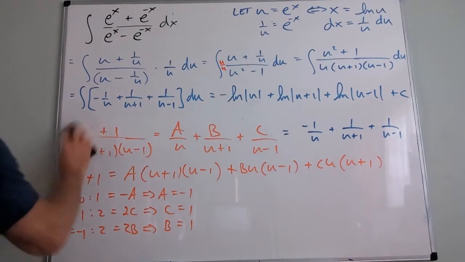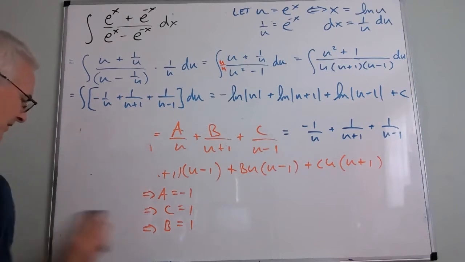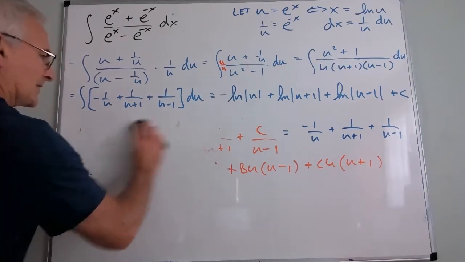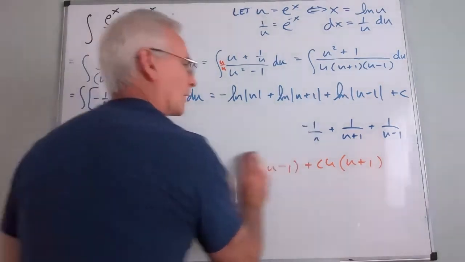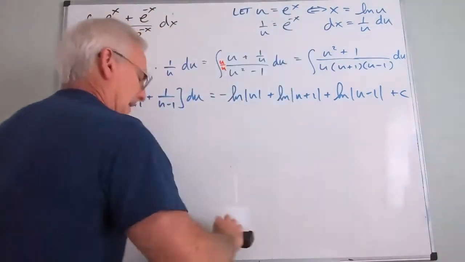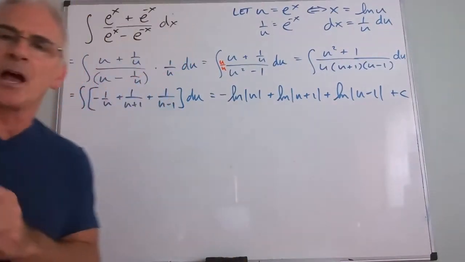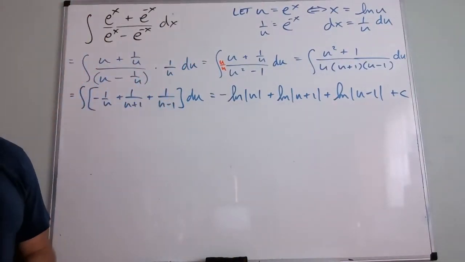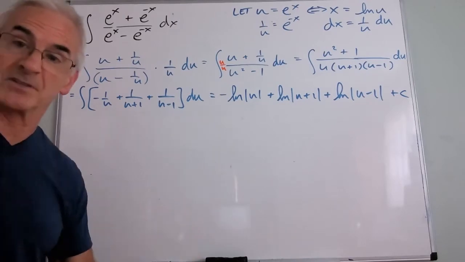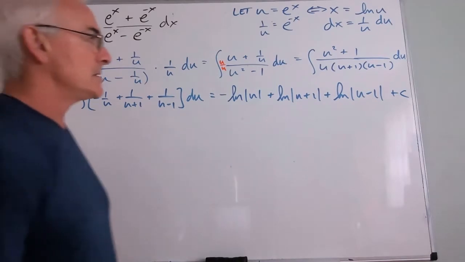Now, question. Can I manipulate this? Should I manipulate this? I mentioned logs before. You can always manipulate and you never have to. I said there is a time when you really do want to manipulate them. Would this be that time? In other words, using log properties to combine them.